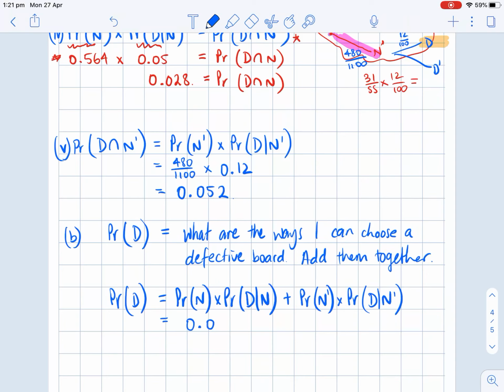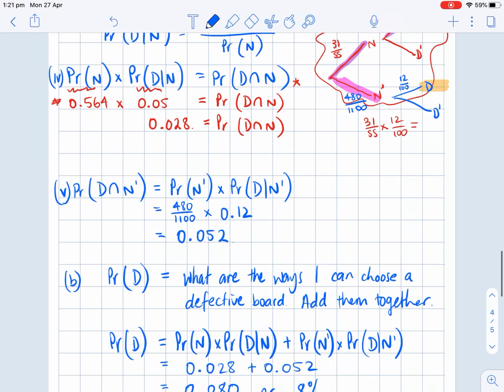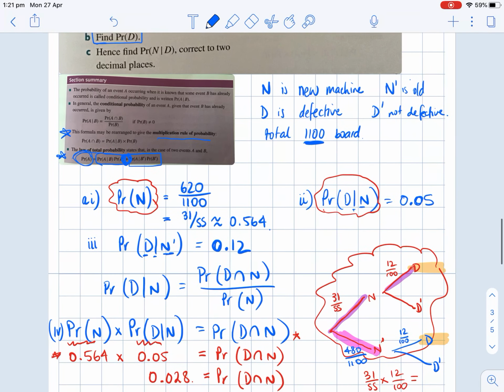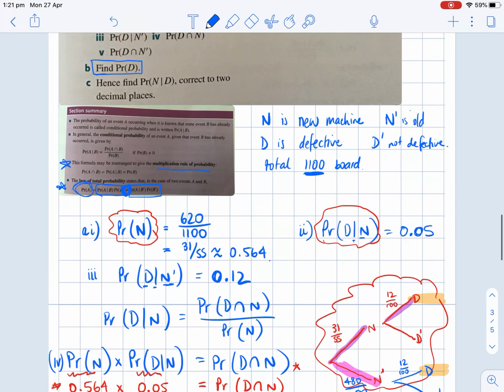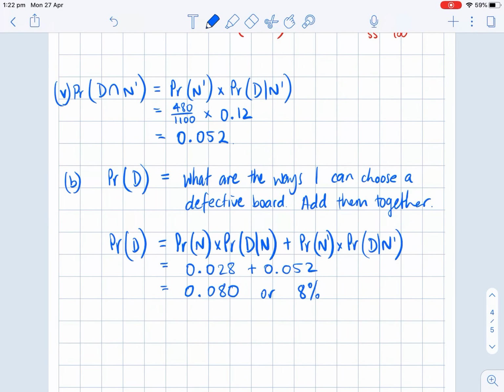I made a mistake there, so I've corrected that. And that gives me my 0.028 plus 0.052. Add them together and you get 0.080. So it's a 0.08 chance, or an 8% chance, that it is defective. Notice I couldn't just add the 12% and the 5% from the beginning. I've got to go into a little bit more depth there.